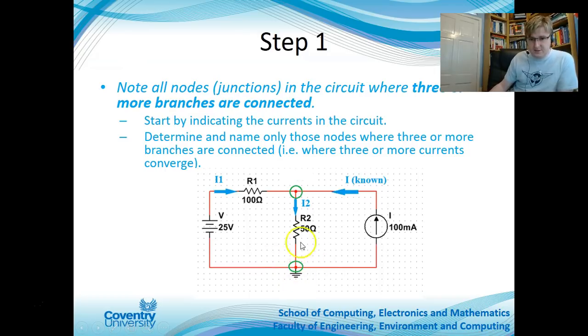I'm going to call this one our reference node. In regards to current, I know what the current from I is, so I will just leave that as I. I've got an I1 coming from R1, and an I2 going through R2. In this case, I don't know what I1 and I2 are.